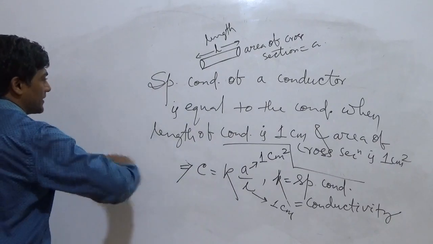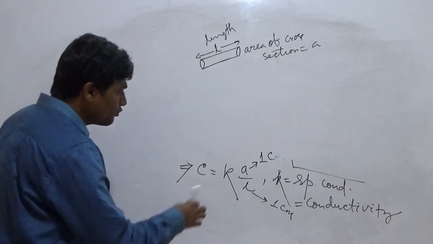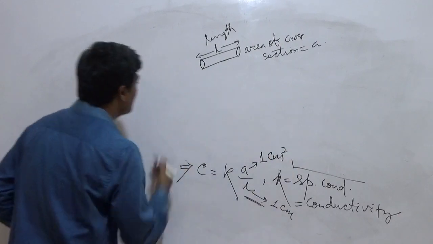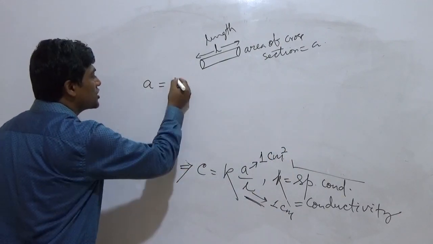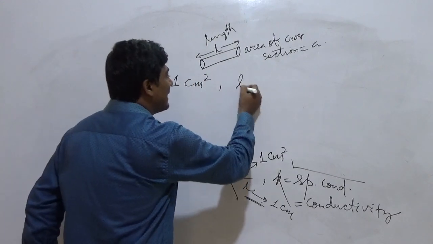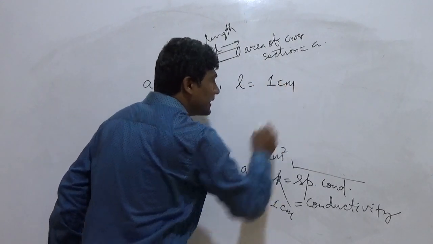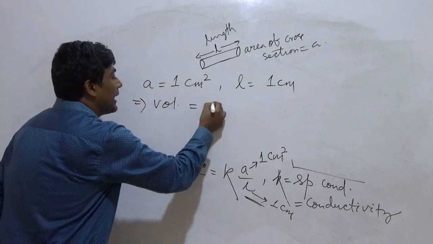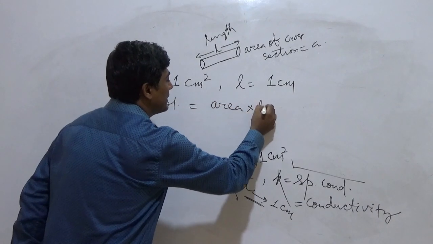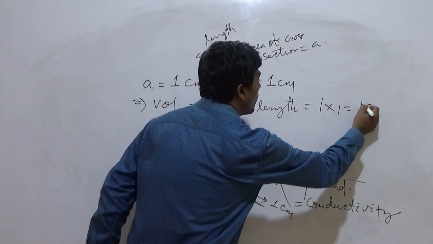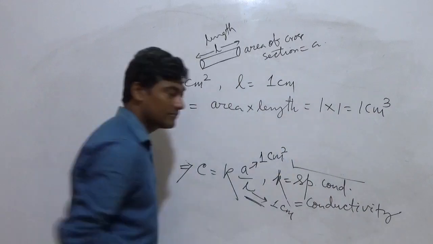If area of cross section is 1 centimeter square and length is 1 centimeter, then the volume is area into length, 1 into 1, equal to 1 centimeter cube.